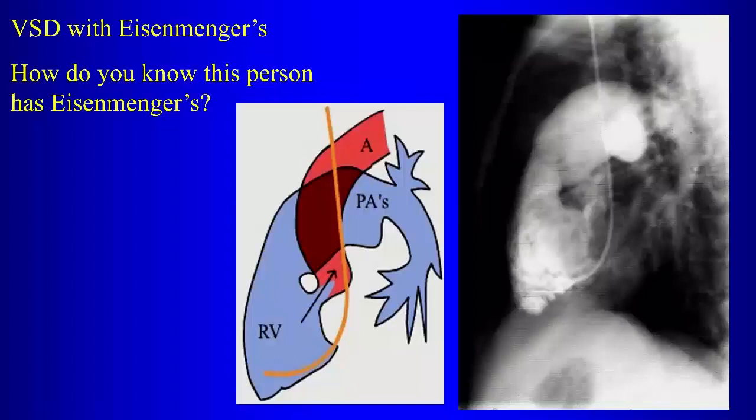Yeah, so what chamber is being injected? The right ventricle. Yeah, the right ventricle is being injected here, and the contrast should go out, and you see that huge pulmonary artery here, but you also see it going across and going into the aorta, as is diagrammed here, okay? So it's going out into the aorta through the ventricular septal defect. So there's right to left shunting now, okay? So that's Eisenmenger's.